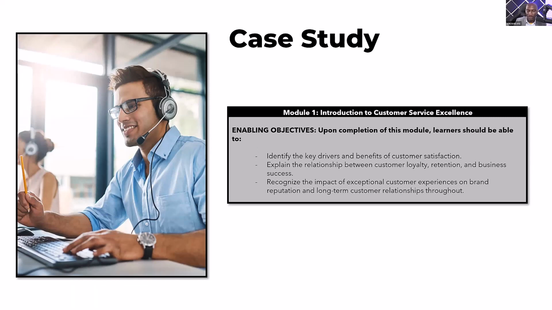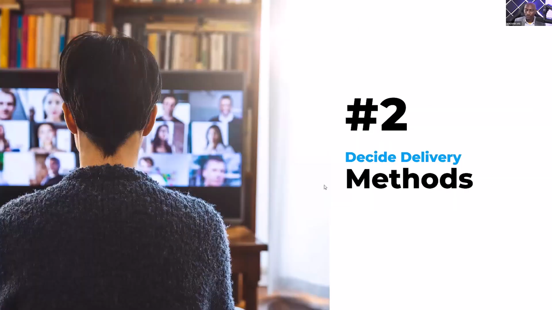But I'll talk a little bit more later on as to how we get to your enabling objectives, okay? So that's really the first thing that we need to get sorted. The learning outcomes and the learning objectives.